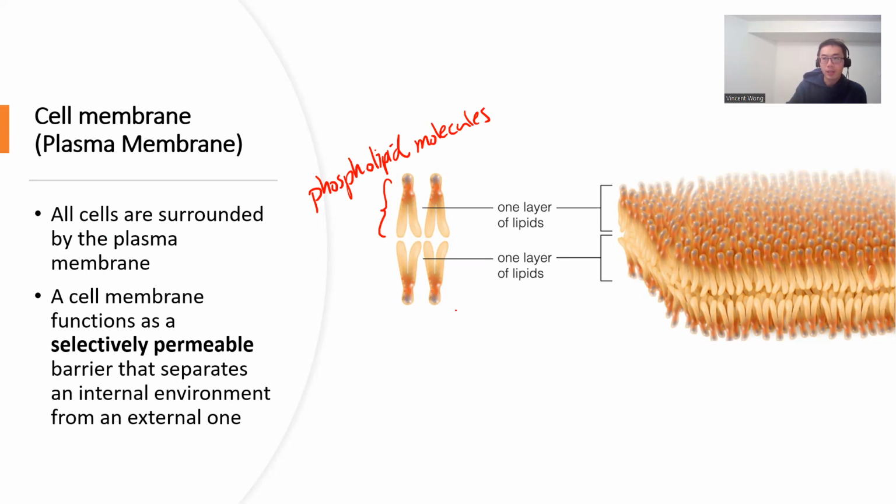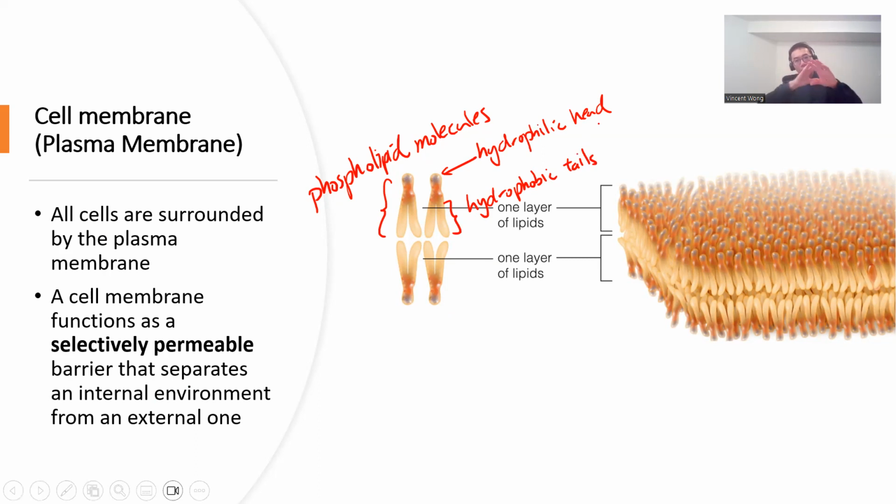You might remember that the phospholipid has a hydrophilic head as well as hydrophobic tails. You will have two layers of these with the hydrophobic tails sandwiched in between.